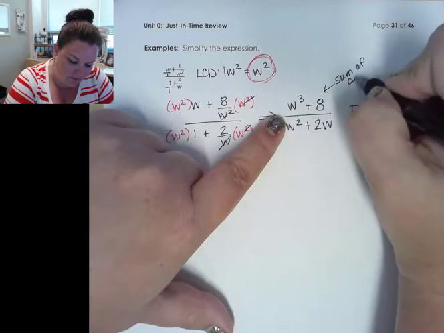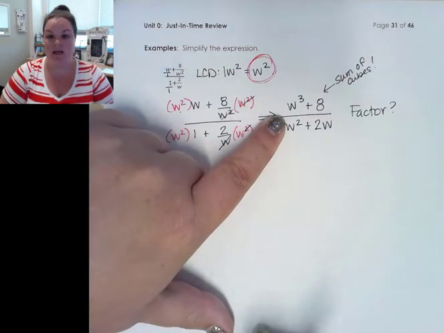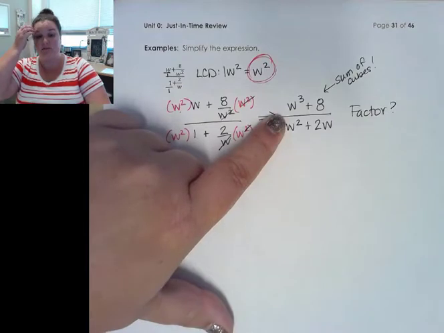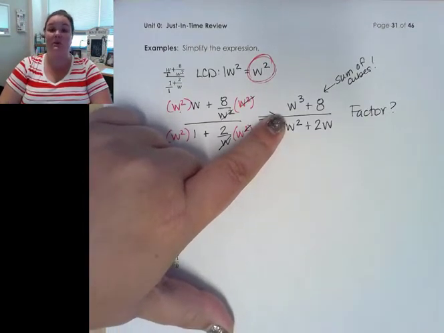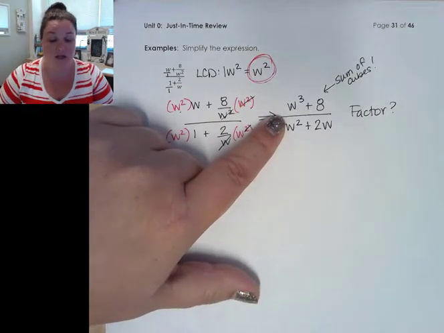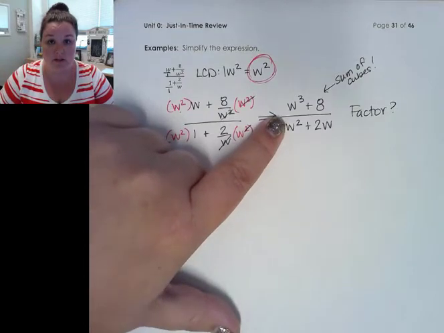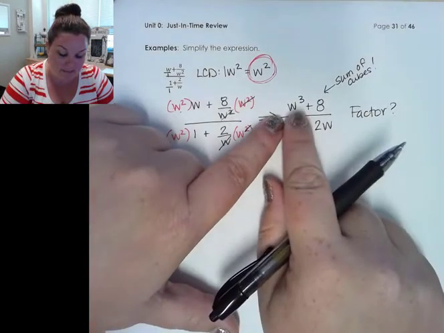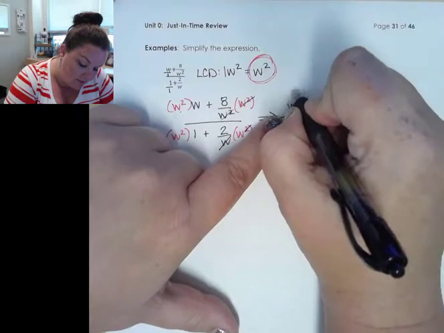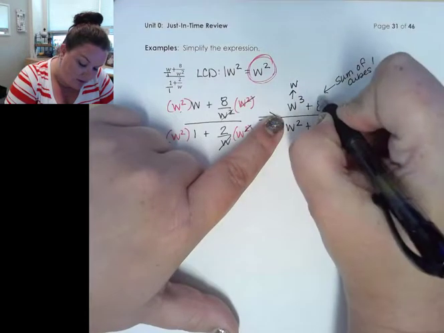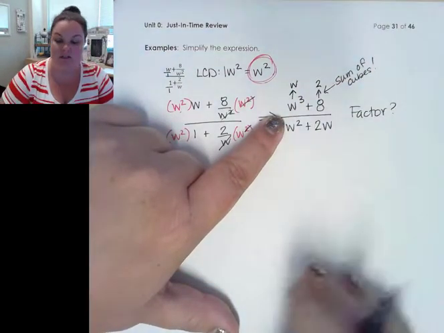Sum of cubes. Okay, if y'all are not remembering these difference of squares and sum of squares formulas, you need to go back and visit that unit, because those are not formulas that will be given to you on the test. Okay, so our base here that's being cubed is a w. Our base here that's being cubed is a 2.